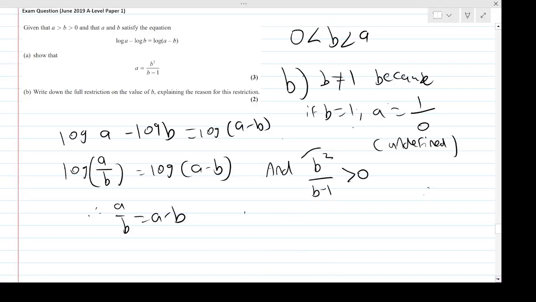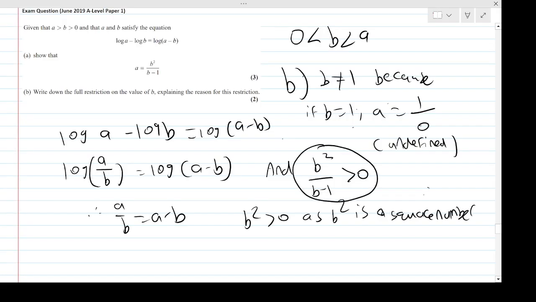Now, B squared is a square number. That's positive by default. So what this fraction is saying is, I've got a positive number B squared, and a positive divided by something has to get me a positive, right?